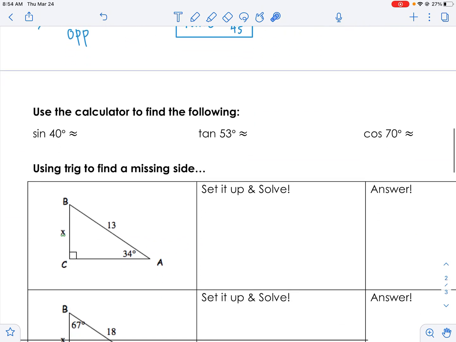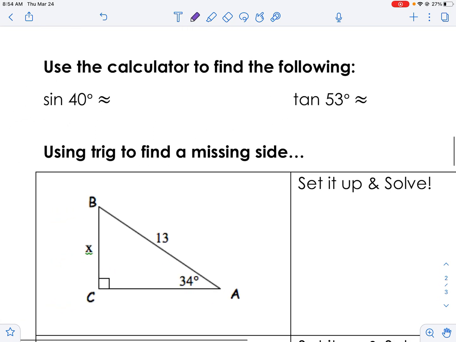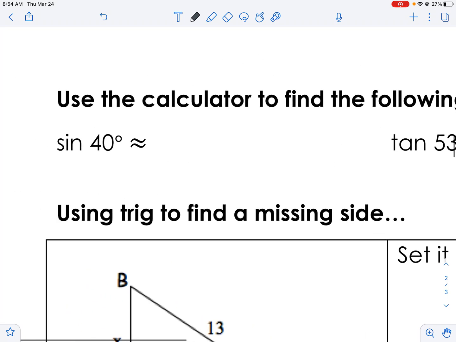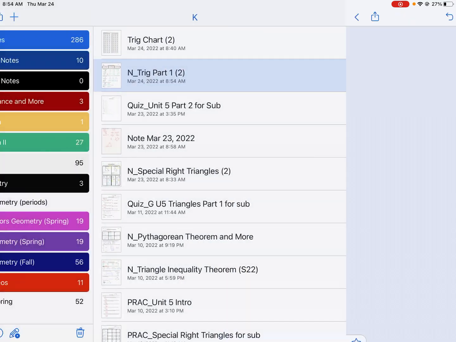Now, we're going to get into solving. We're still going to use our trig ratios, but we're going to get into solving. And it says use the calculator. Now, the calculator will help you out here, but the calculator has to be put in a specific mode. There are some things you have to be really careful with, some technicalities. So I'm going to cross out this use the calculator. I'm going to say use the trig chart.